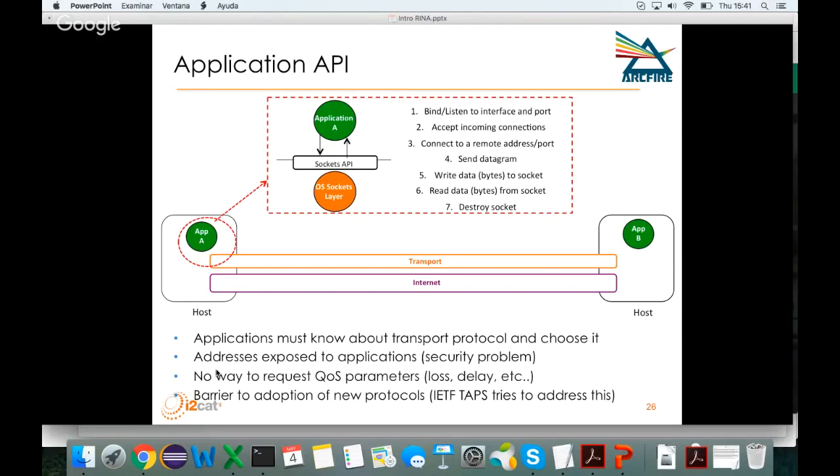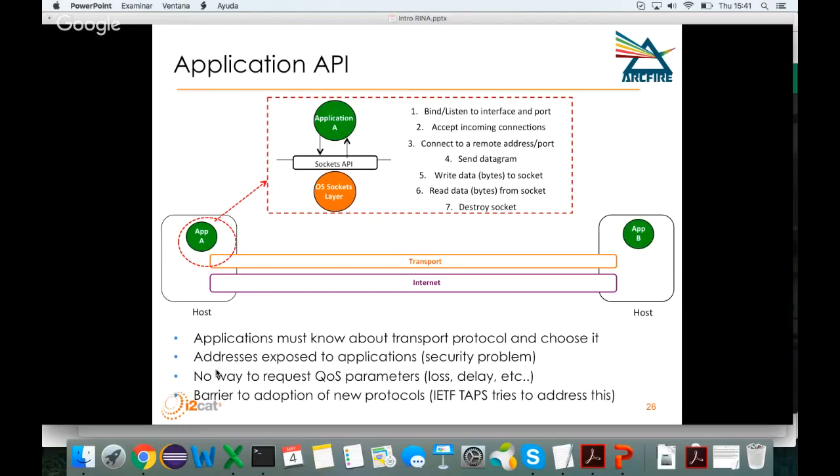You have to choose if you use a datagram or a TCP connection. This is a big problem, because when you want to add new protocols, applications have to be aware that these protocols are there and have to explicitly choose them, which is a big barrier for deploying new transport protocols that are better than TCP in many situations, like SCTP and so on.